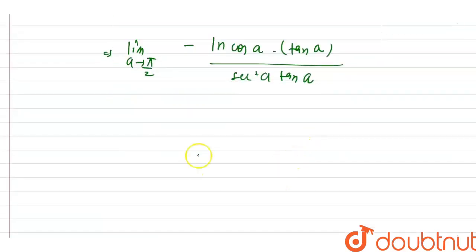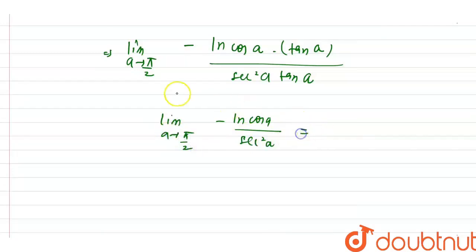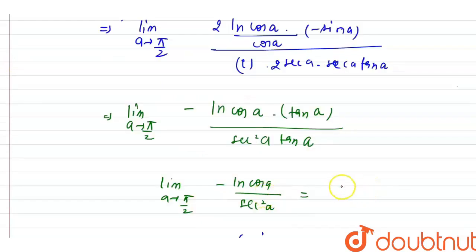Tan A will cancel out tan A, it will be minus of ln cos A by secant square A, limit A tending to pi by 2. If you apply the limit now, it will be minus of infinity, because cos pi by 2 is 0, ln 0 is infinity, over sec pi by 2, which is also infinity, so it is infinity over infinity, which is my indeterminate term.